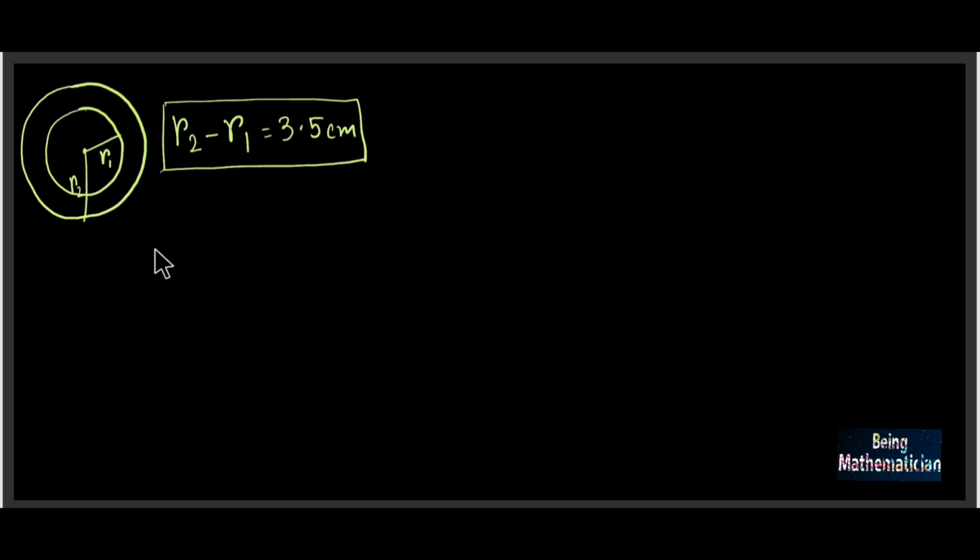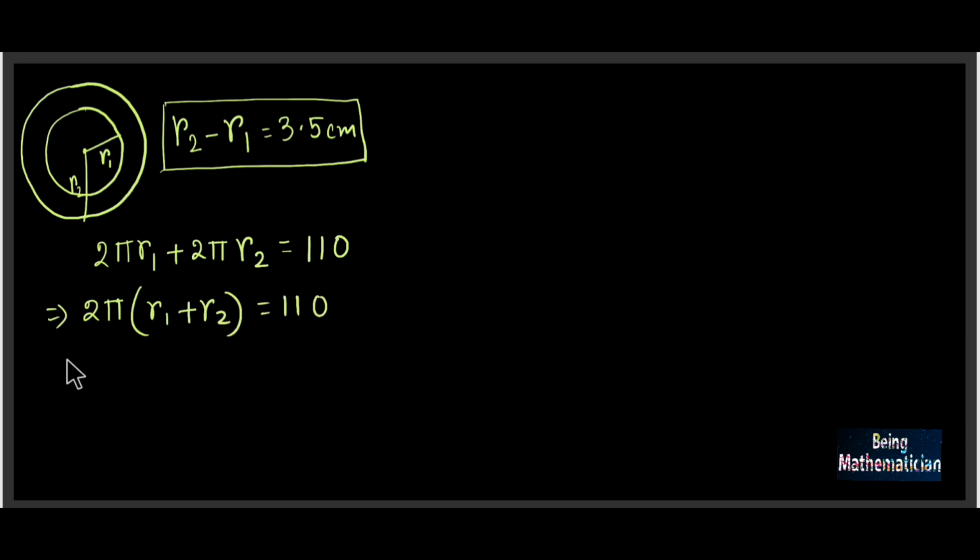Now the sum of their circumference is 110, so we can write 2 pi r1 plus 2 pi r2 is equal to 110. Now let's write 2 pi into r1 plus r2 is 110. So r1 plus r2 is equal to 110 into 7/44, where pi is taken as 22/7.